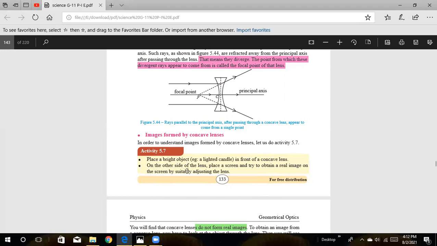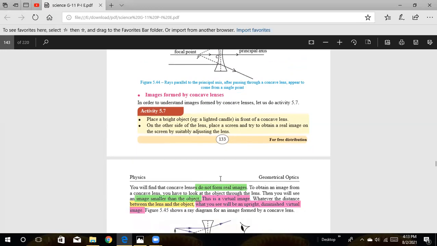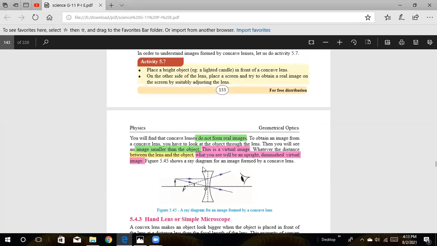On the other side of the lens, place a screen and try to obtain a real image on the screen by suitably adjusting the lens. Right here, the activity. Here the concave lens, here the object.